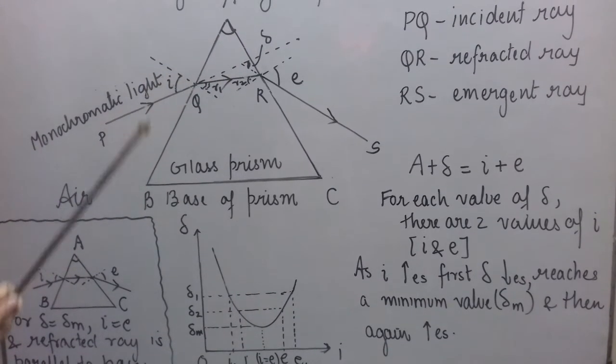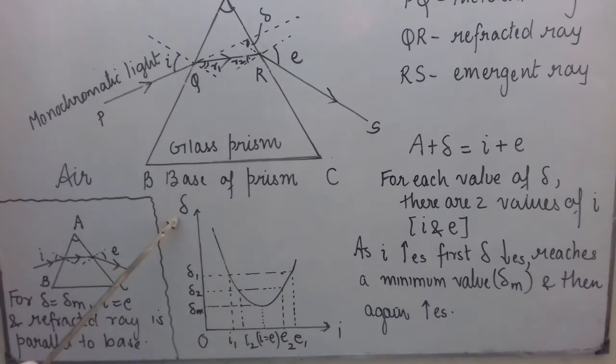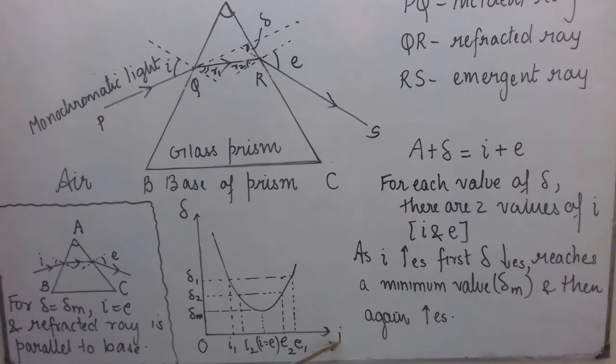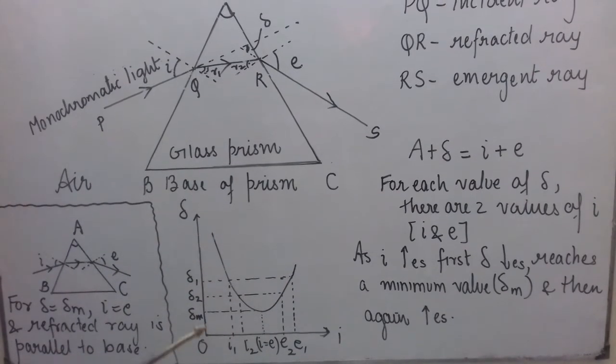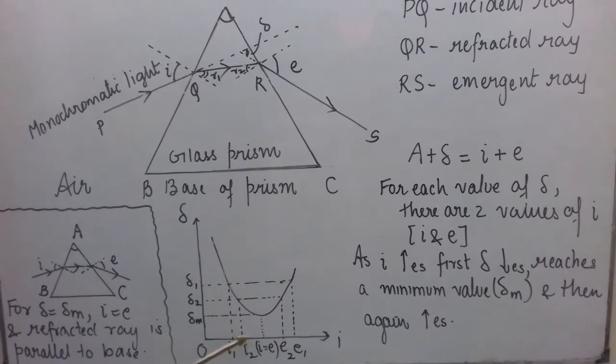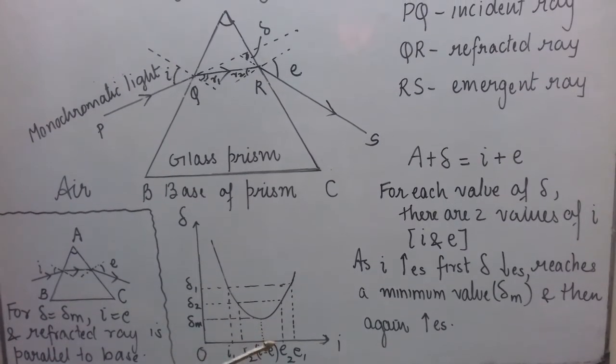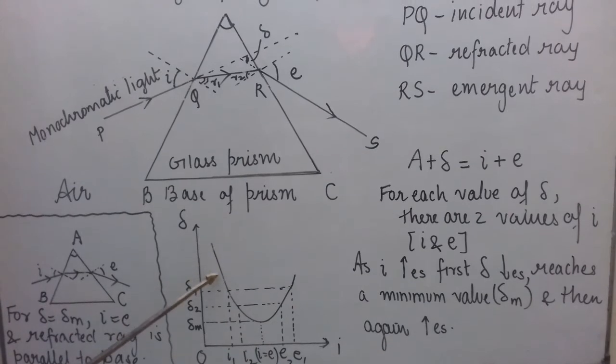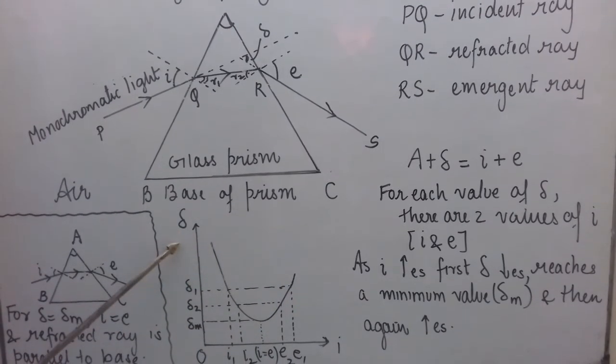And then suppose you draw the graph of delta versus i, angle of deviation versus angle of incidence. You will see that as i increases, first delta decreases. This is the graph you are going to get when you plot it in your lab.